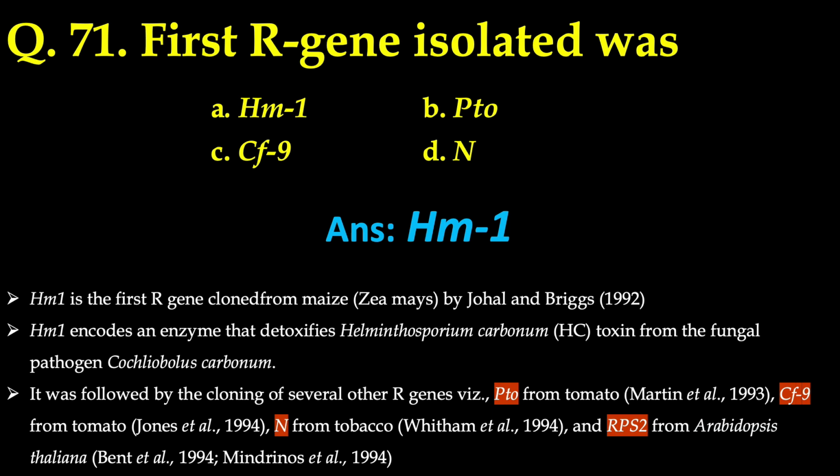It was followed by cloning of several other R genes, namely PTO from tomato by Martin and co-workers 1993, CF9 from tomato, Jones and co-workers 1994, N R gene from tobacco by Whitham and co-workers 1994, and RPS2 from Arabidopsis thaliana by Bent and co-workers 1994, followed by, in the same year, Mindrinos and co-workers 1994.